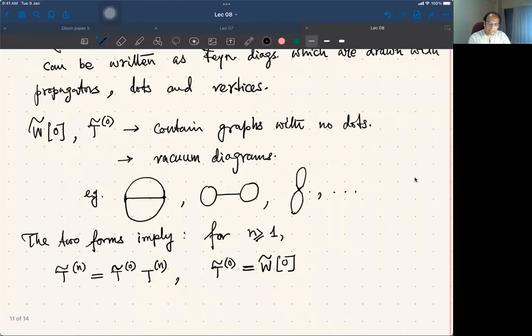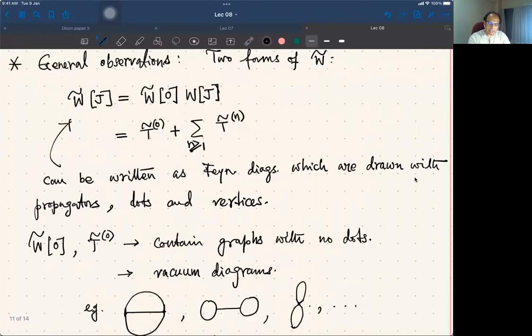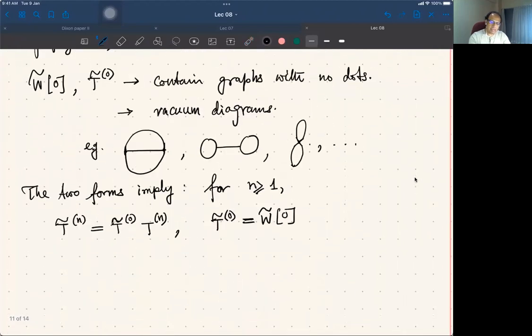So basically each T tilde n has a factorized form, which is T tilde 0 times Tn, where Tn does not have vacuum contribution.